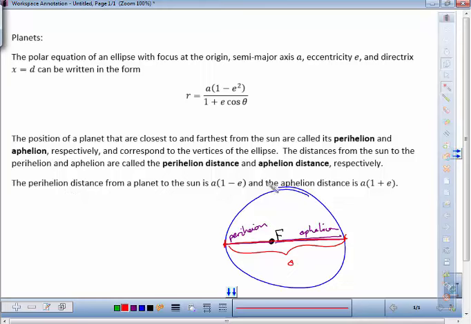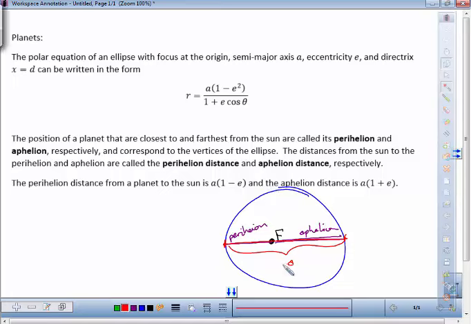So, if we work that out, that should just be A, right? If we add them together. Do we add them? Yeah, we add them. Is it A? Oh, it's 2A. Oh, sorry.